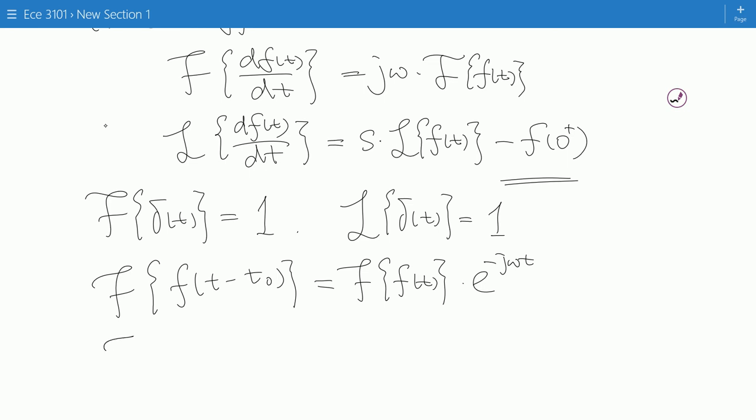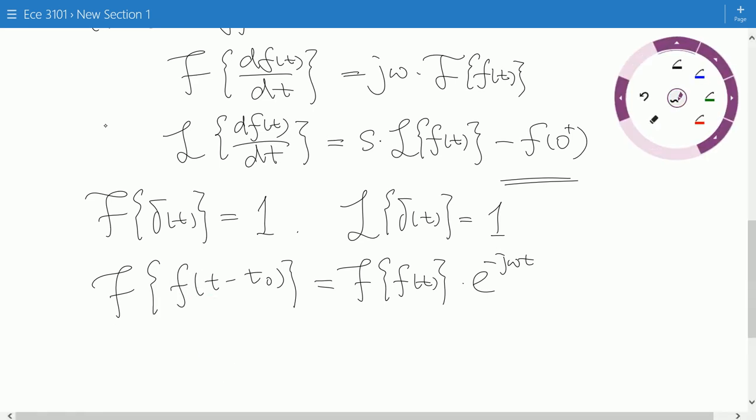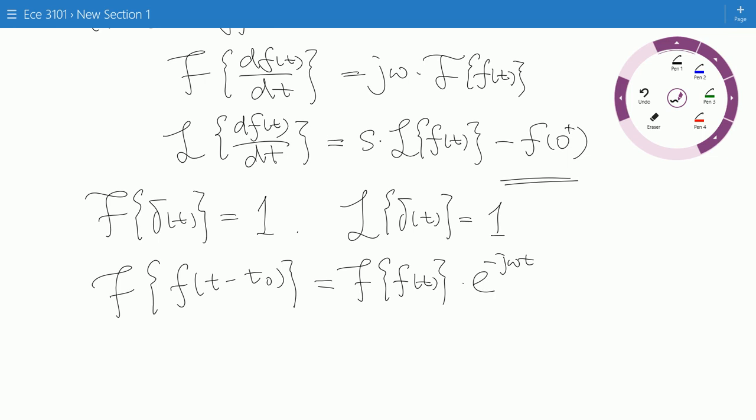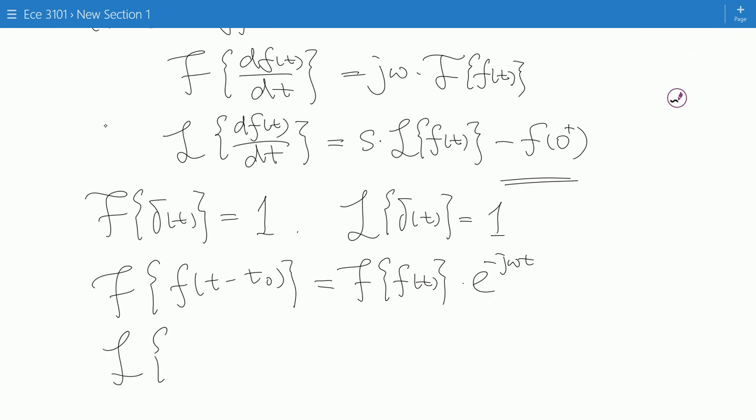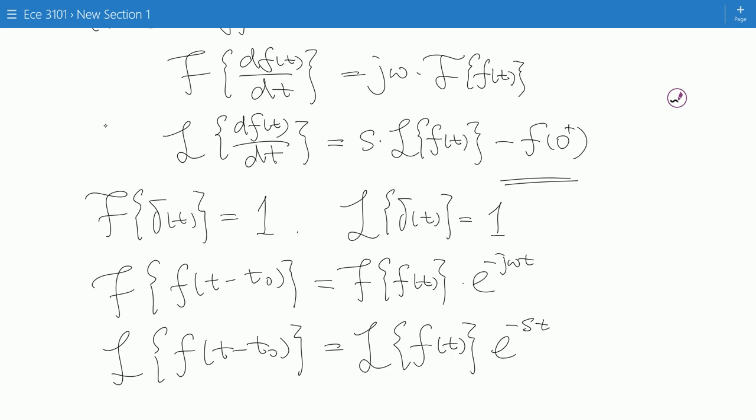Now for the Laplace transform, since we just need to replace j omega with s, the Fourier transform becomes the Laplace transform, and j omega t0 will become s t0.